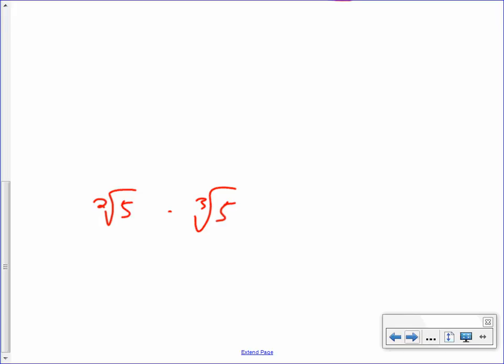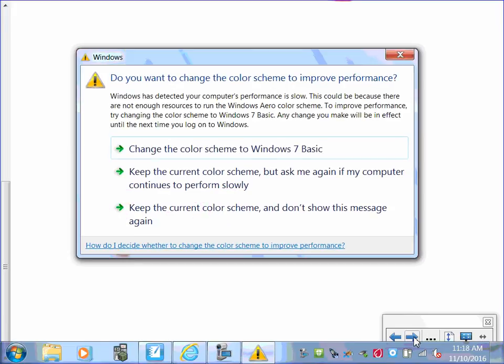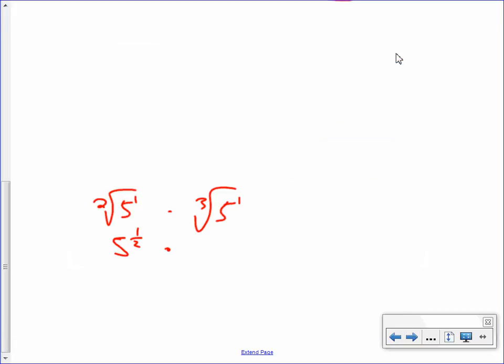So you know how the index is what you divide into the exponent? One way you can write this is 5 to the 1/2, because you divide the 2 into the 1, and then this would be 5 to the 1/3.